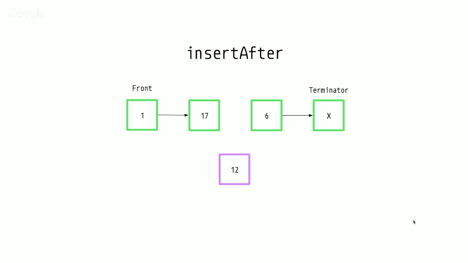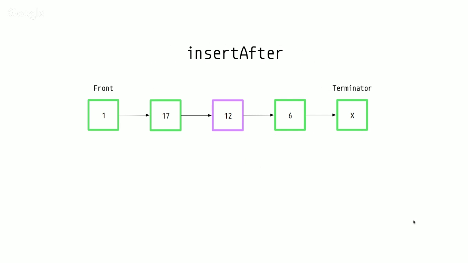So starting at 17, we remove the next link from 17 to 6, and we create a new node with 12 in it. Next, we modify that next pointer from 17 to point to 12, the newly created node. And then from 12, we add a new pointer, the next pointer from 12 to 6. And that completes it. So now we've successfully shoved 12 in between 17 and 6.